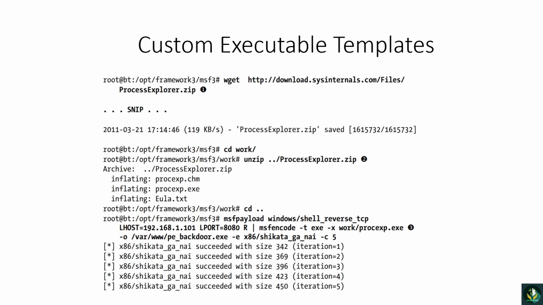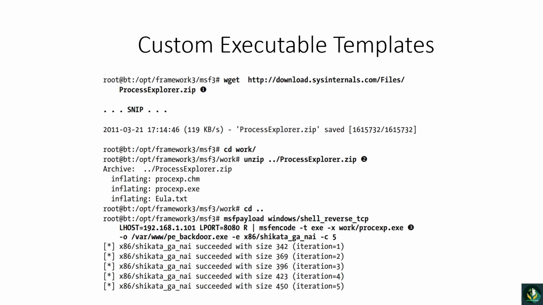So in the following example, we encode our payload using Process Explorer from the Microsoft Sysinternals Suite as a custom executable template. As you can see here, we download Process Explorer from Microsoft, then unzip it here, then we use the -x switch, as I previously mentioned, to specify the downloaded Process Explorer binary for use as our custom template.